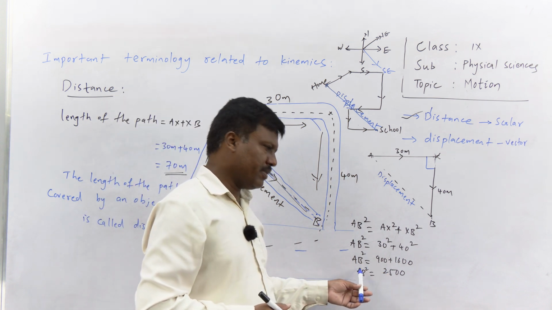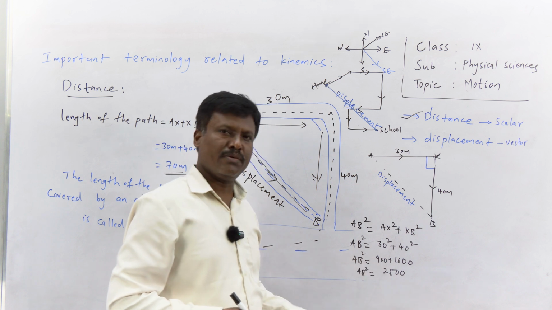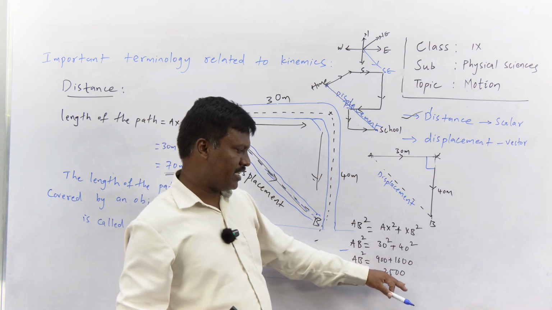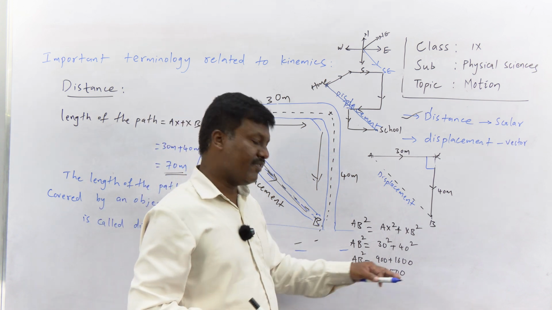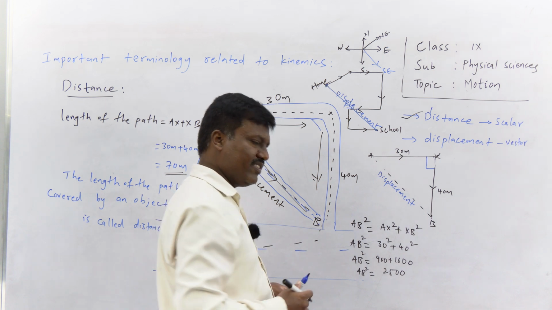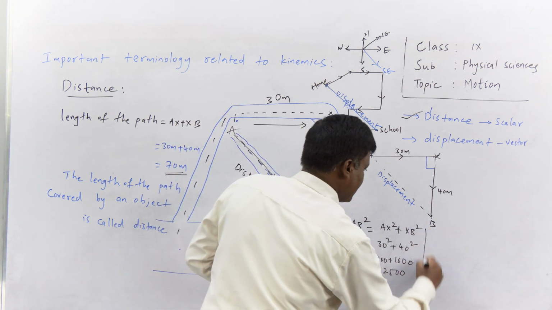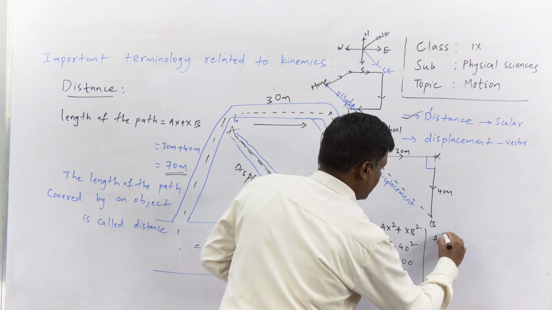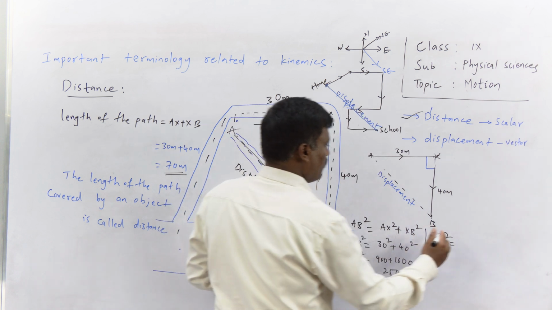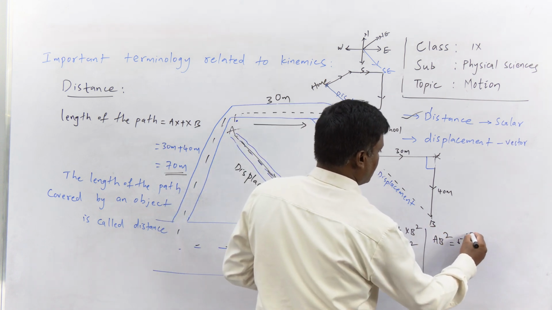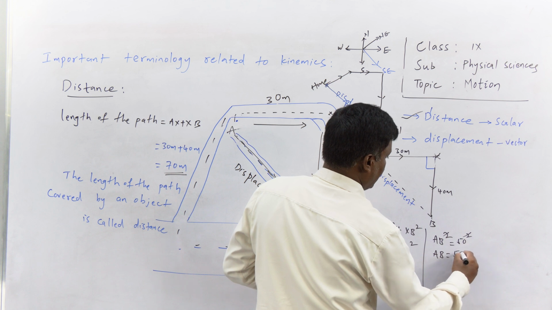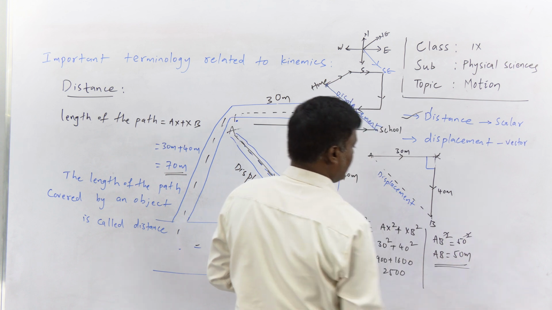Otherwise, we bring the square from LHS to RHS and it becomes a root. But 2500 can be written as 50 squared, 50 into 50 is 2500. So AB squared is equal to 50 squared. The squares cancel. Then AB is equal to 50 meters.